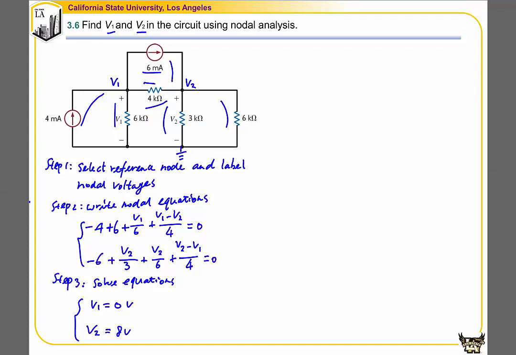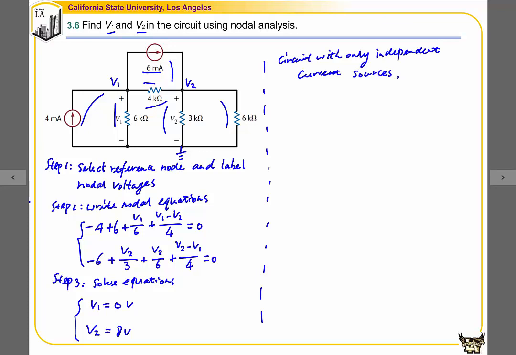If we look at the problem again, we also notice that this is a circuit with only independent current sources. It implies that we can model it by inspection.